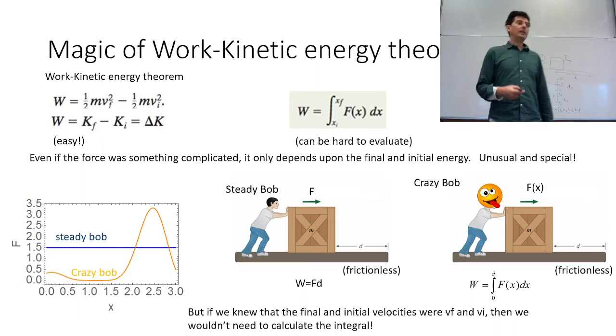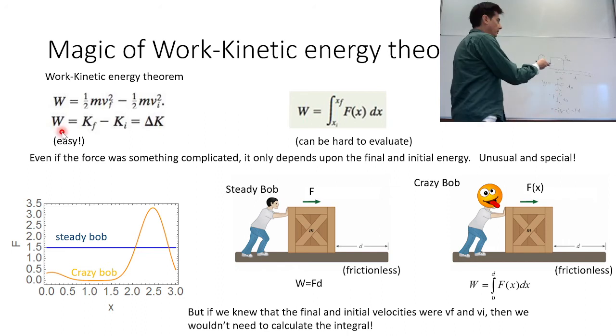You can just calculate it from the kinetic energy. So whatever your bizarre force function is, it doesn't matter, because all you have to do is calculate the difference of the kinetic energies. And if you know the final and initial velocities, that's easy. It's just the difference of half mv squared, and there's no need to calculate this complicated integral.